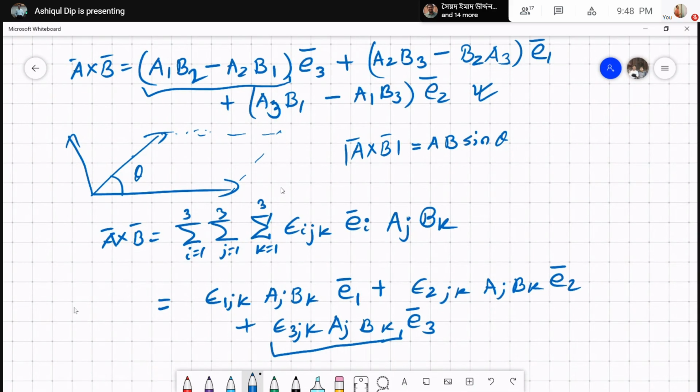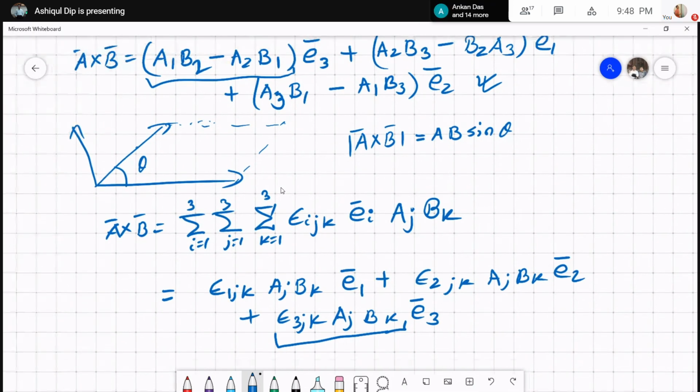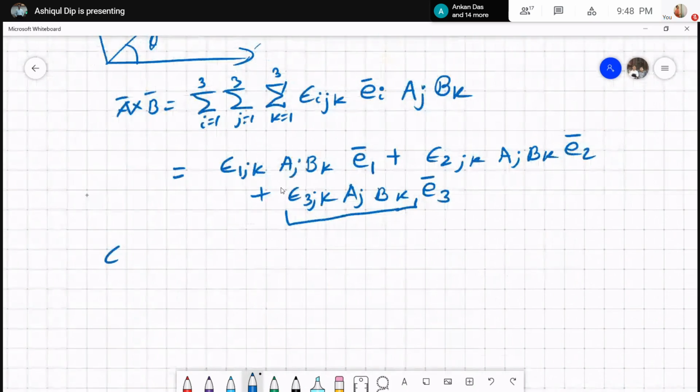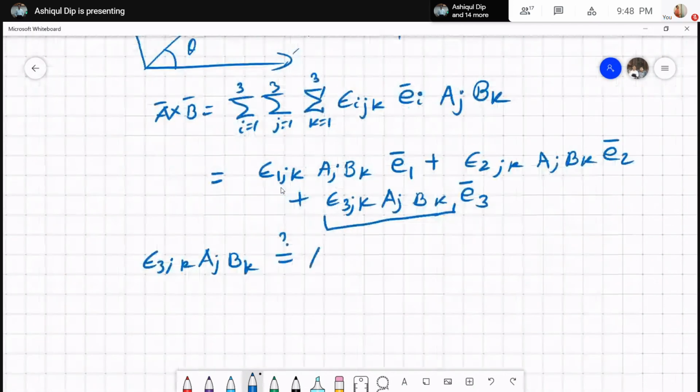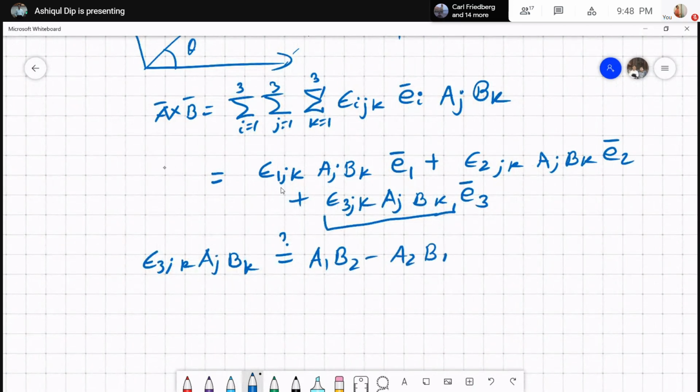So we need to show that epsilon 3jk ajbk is a1b2 minus a2b1, right?